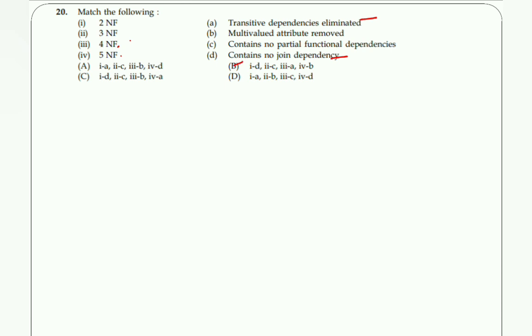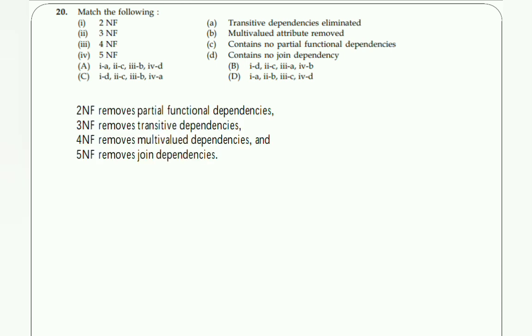Right. So 1D. 2NF removes the partial functional dependency, and 3NF removes transitive dependency. 4NF removes the multi-value dependency, and 5NF removes join dependency.